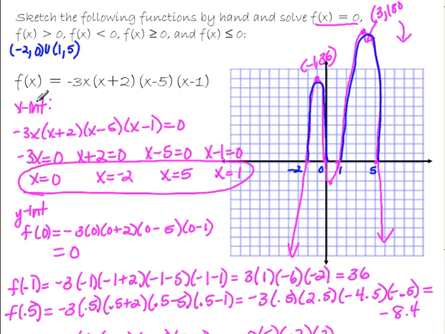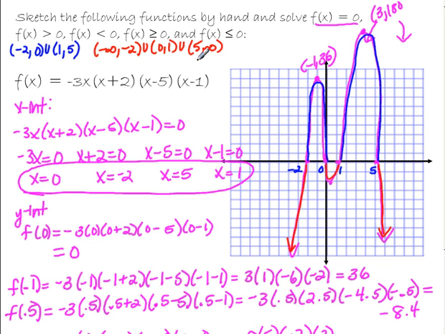Okay. Now, where is f of x less than 0? Less than 0 is to the left of the negative 2, between the 0 and 1, and to the right of the 5. So we would have negative infinity to negative 2, union 0 to 1, union 5 to infinity.